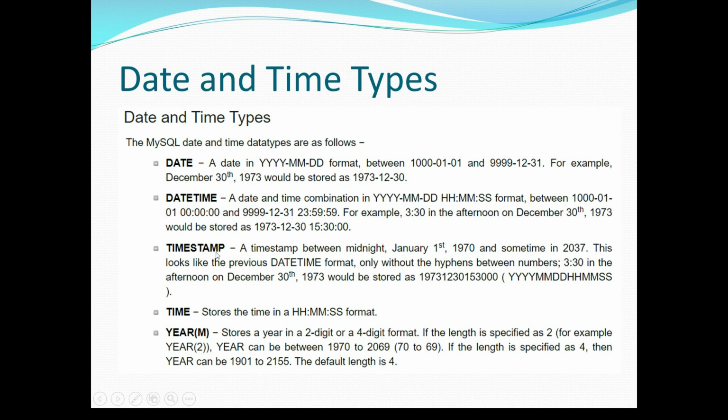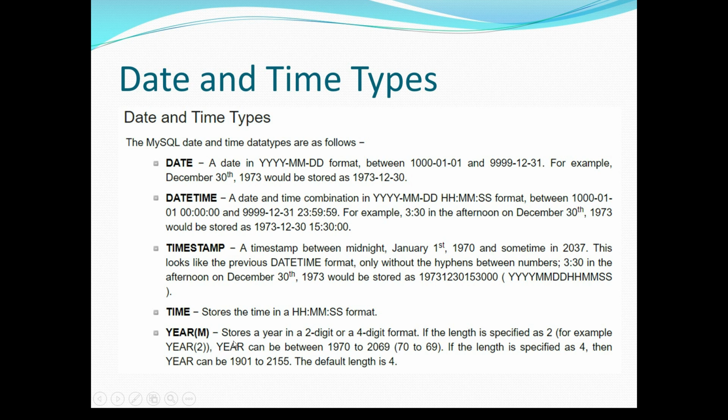So what is the timestamp? A timestamp is between midnight January 1st 1970 and something in 2037. This looks like the previous datetime format only without the hyphens between numbers. In the afternoon on December, this one would be stored like this. Time stores the time in hour colon minutes colon second format.